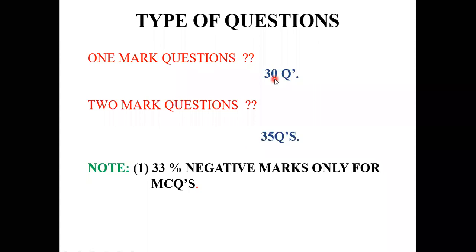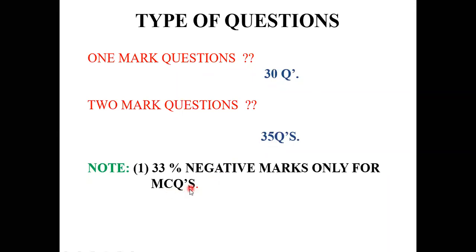For a 1 mark question, when you pick a wrong answer, you lose 1/3 of the mark, that is 0.33 marks. Similarly, when you pick a wrong answer for a 2 marks question, you lose 66%, which means 0.66 marks.